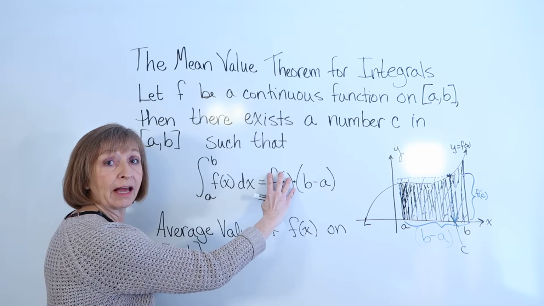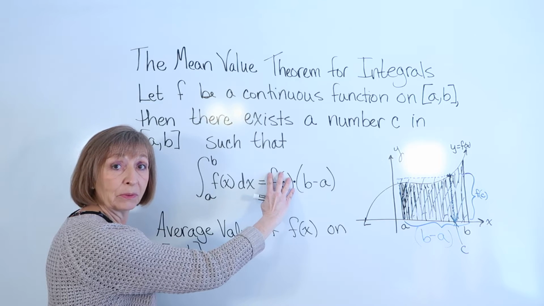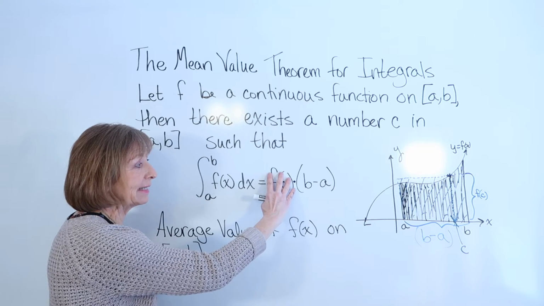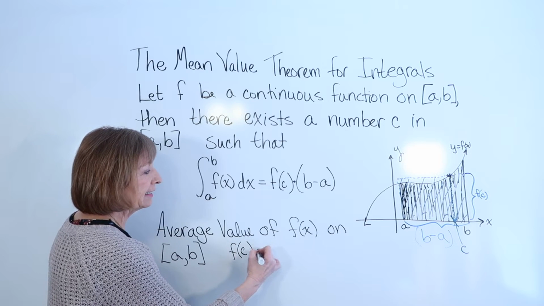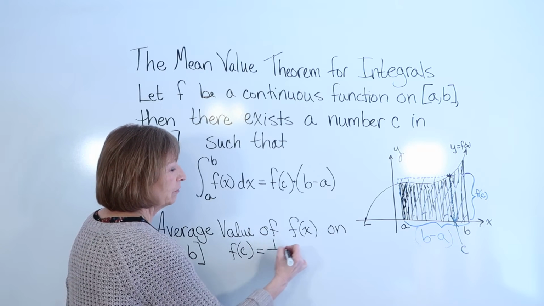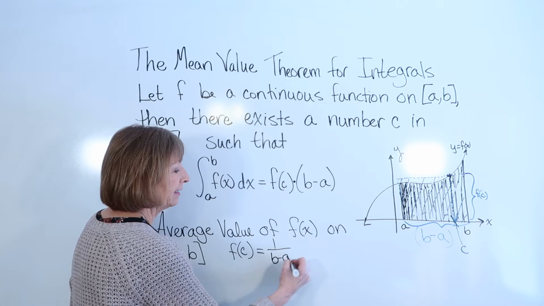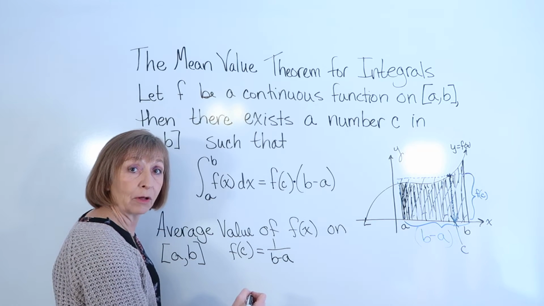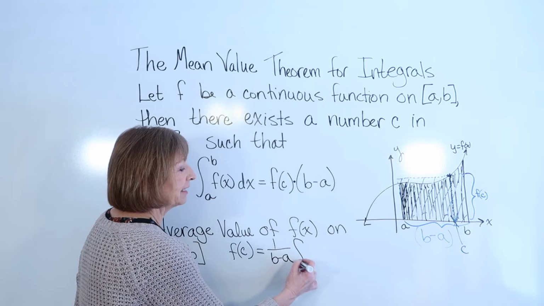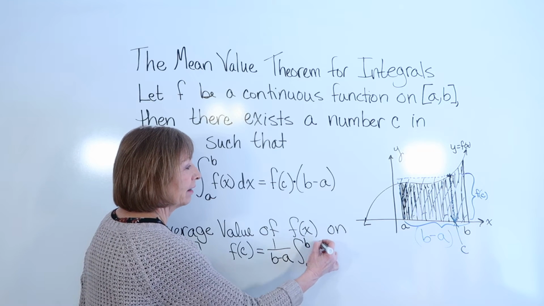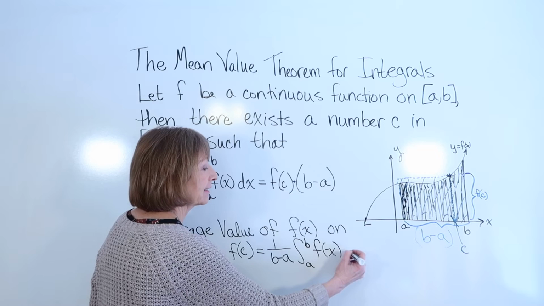So solving for f of c, you're going to just divide both sides by the b minus a. So f of c is equal to 1 over b minus a. Dividing by b minus a is like multiplying by 1 over b minus a times the definite integral from a to b of f of x dx.